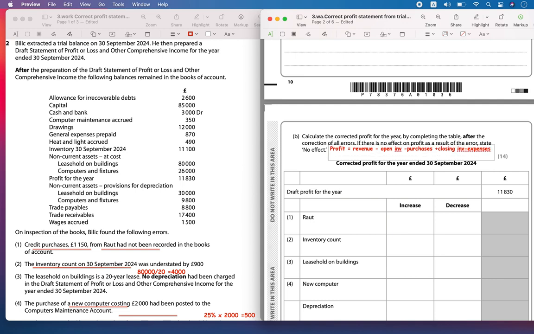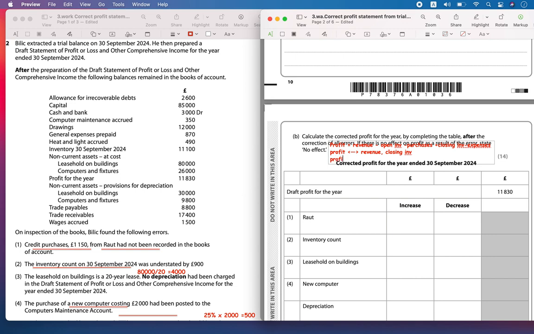In this we can see that profit is directly related to two parameters: the revenue and the closing inventory. If the revenue increases, profit will increase. If the closing inventory increases, the profit will increase.